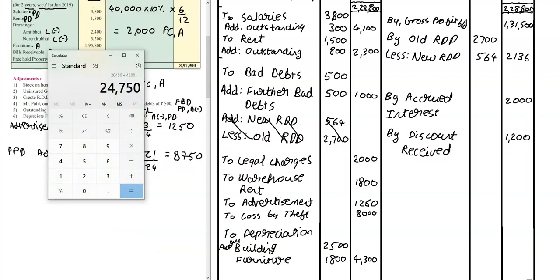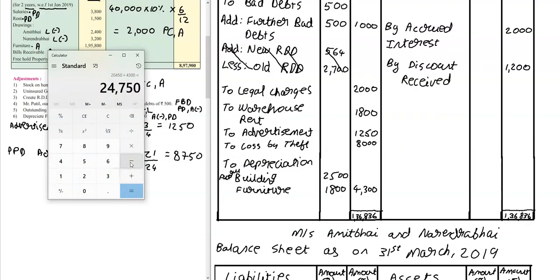Okay, so 24,750, and we subtract it from 1,36,836, so 1,12,086. And remember, this profit is the net profit, but it gets transferred to the partners equally.